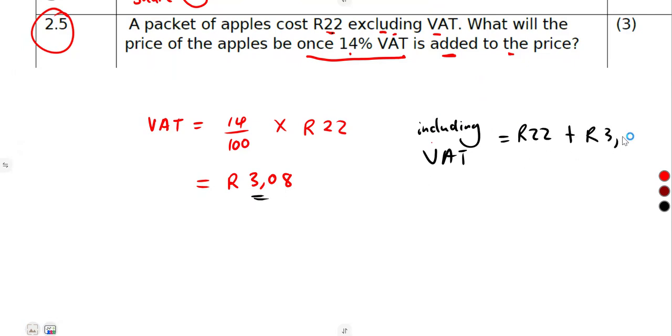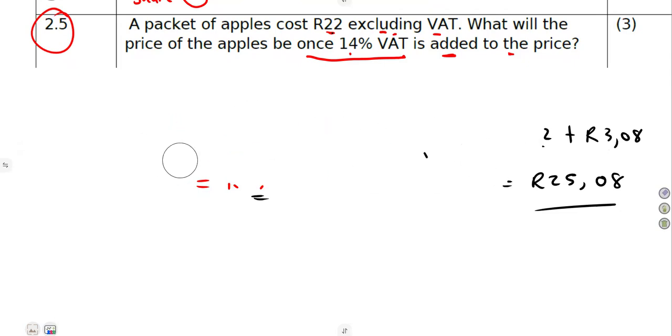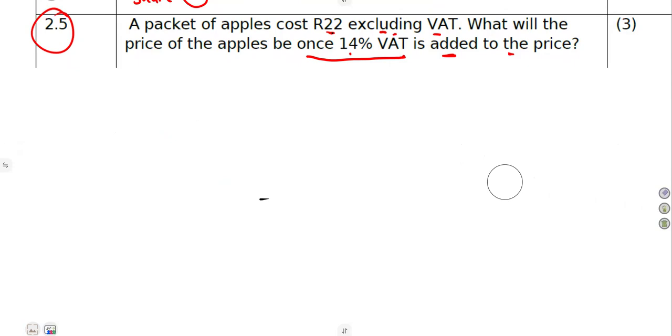So many ways of answering this. 22 plus 3.08 is 25.08. Just like that, you are done. This is the money including the VAT, the final price that you're going to have.